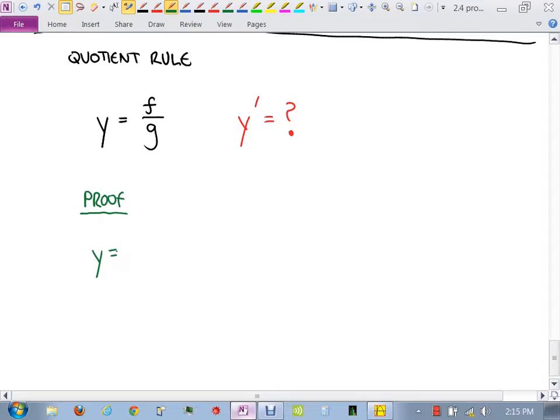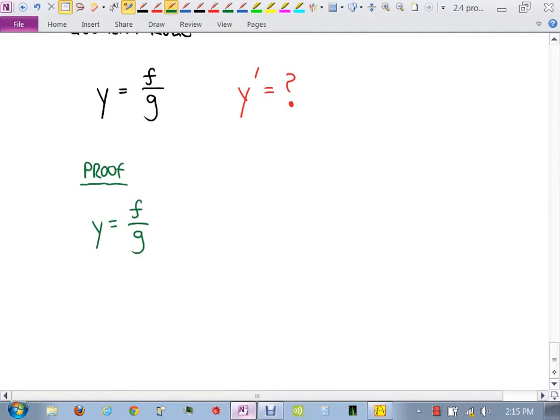Y equals f over g, right? Then doesn't that mean that gy equals f? And now take the derivative. Look at f as being a product rule of g and y. So take basically the derivative on both sides of this equation.